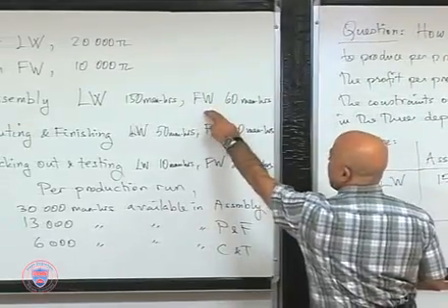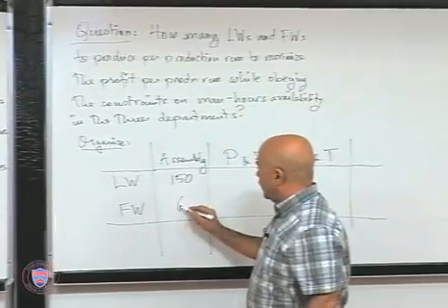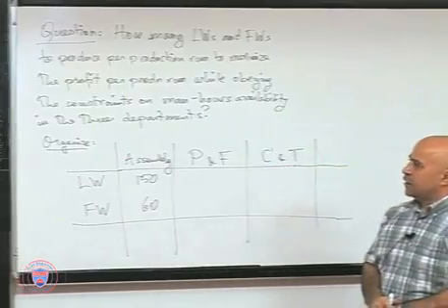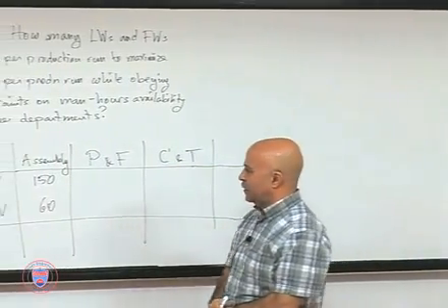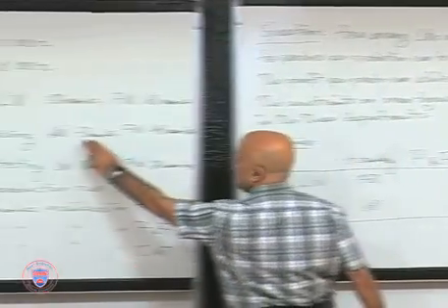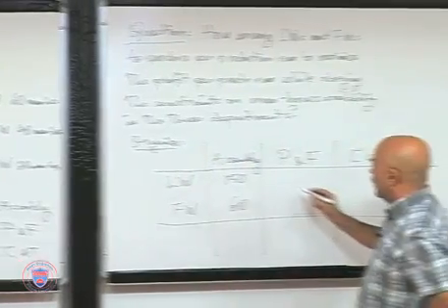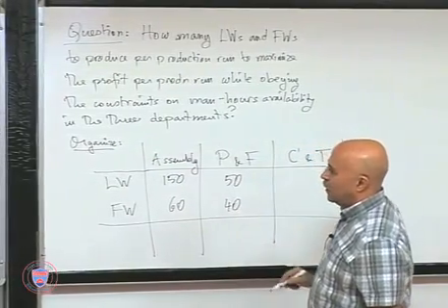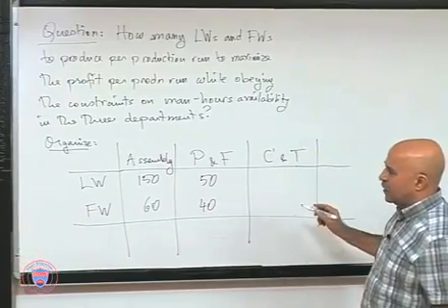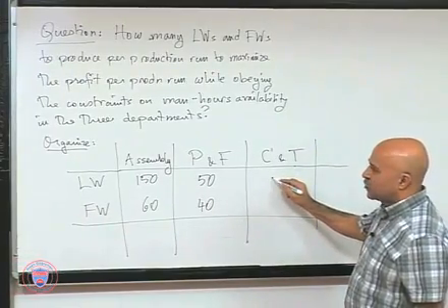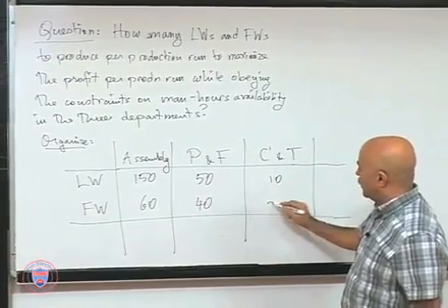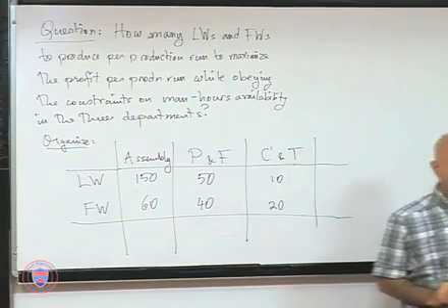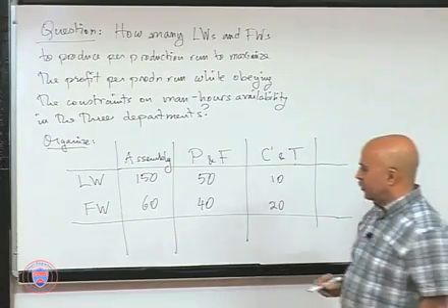And the other one, Volkswagen, you spent 60 man hours per car in the assembly department. Similarly, in the painting and finishing department, you've got 50 and 40. And in the checking out and testing division, you've got 10 and 20. These are all man-hour type of units. Okay?